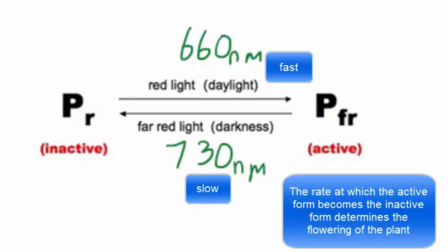So in long day plants, it's the remainder of the PFR that's left on a short night that triggers a plant to flower. On the other hand, in short day plants, the PFR acts as an inhibitor of flowering. So when enough PFR has been converted to PR, then flowering is stimulated.